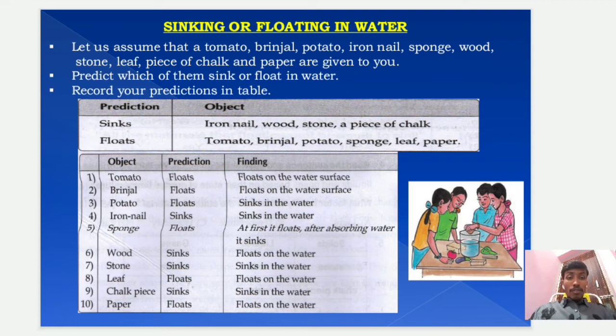Like this, all the objects are given with predictions and findings. Observe which materials sink and which float in your kitchen and at your home.